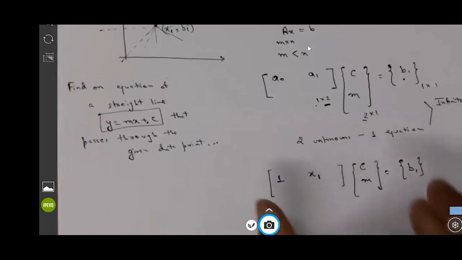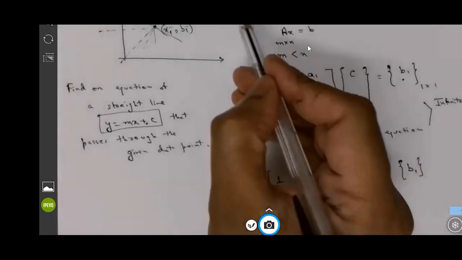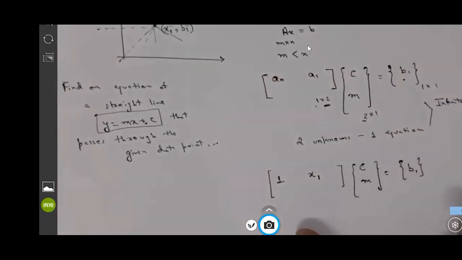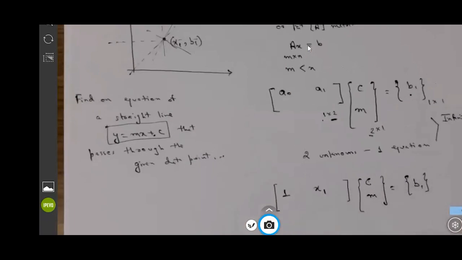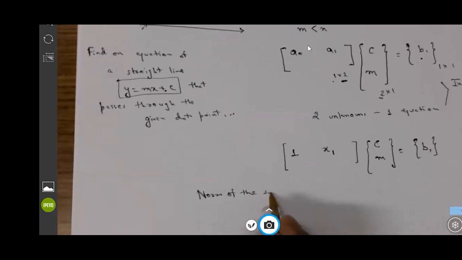Now, when we would like to solve this type of undetermined system, the general requirement is that the norm of the solution vector has to be minimum.